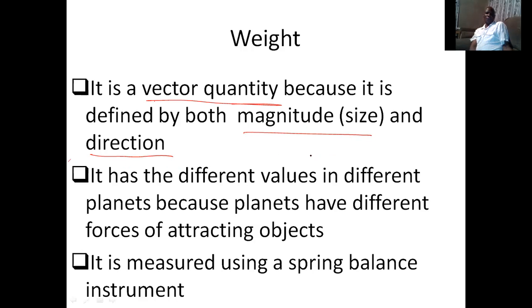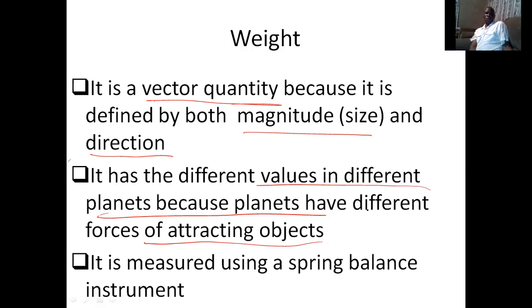It has different values in different planets. So weight on Earth will be different from the weight on the moon. The reason is that the attraction force, or the gravitational force, will be different in these different places.